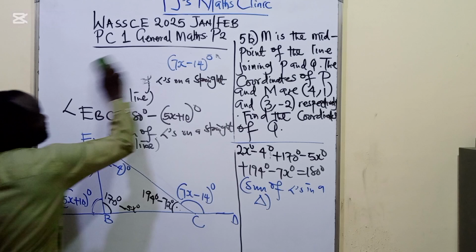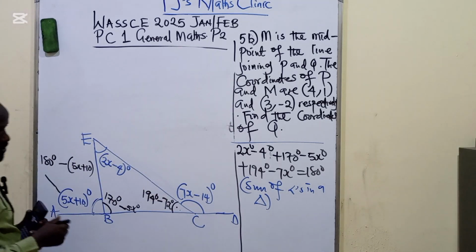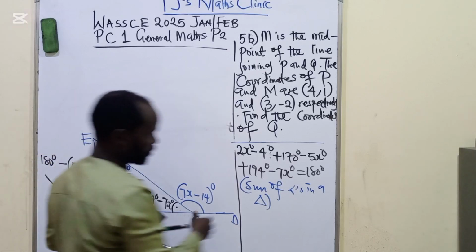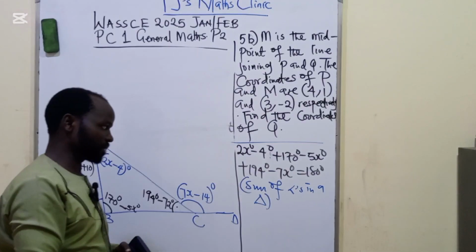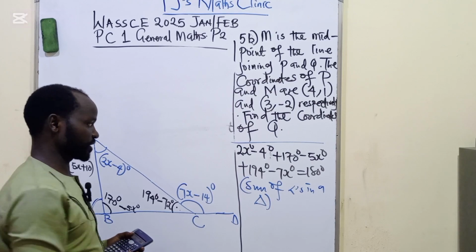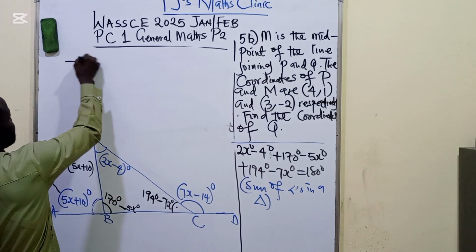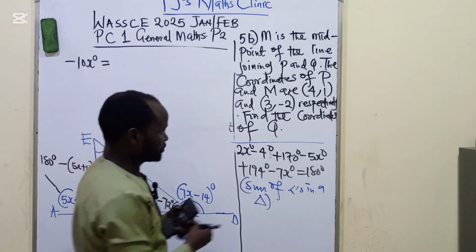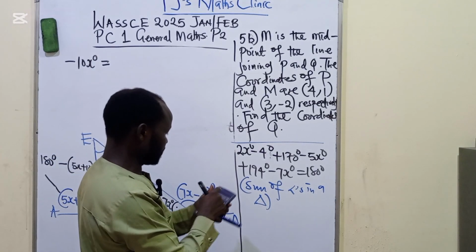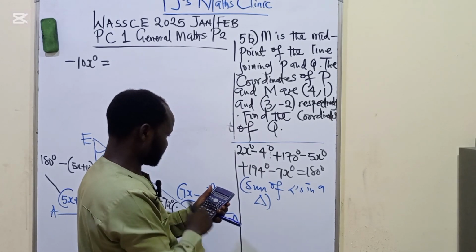Let's move here to solve for x now. We are trying to find the value of x. Let's work on the left. 2x minus 5x, that will be minus 3x. Minus 3x minus 7x, that will be minus 10x degrees. This will now be equal to, let's sum, we have minus 4 plus 170 plus 194.